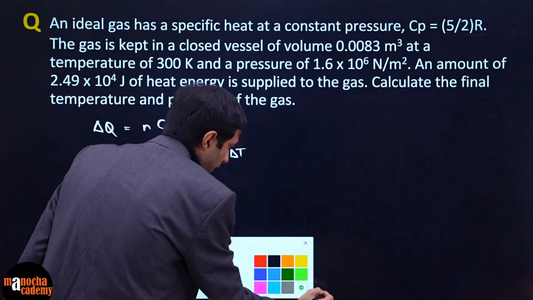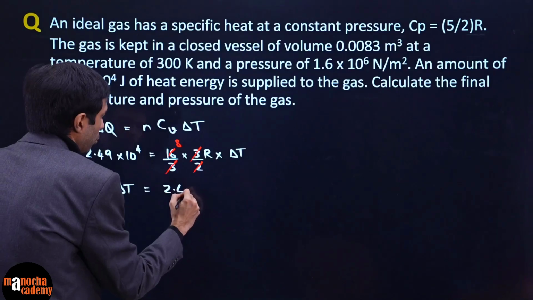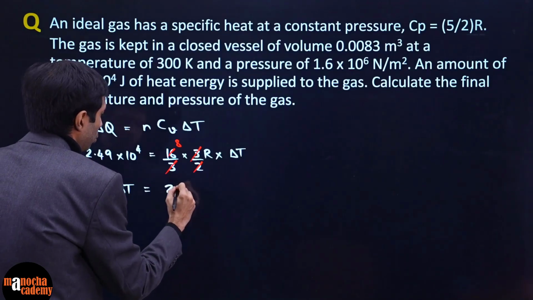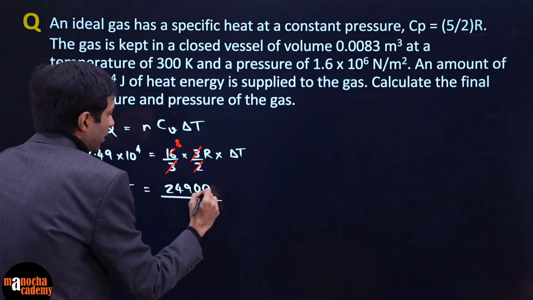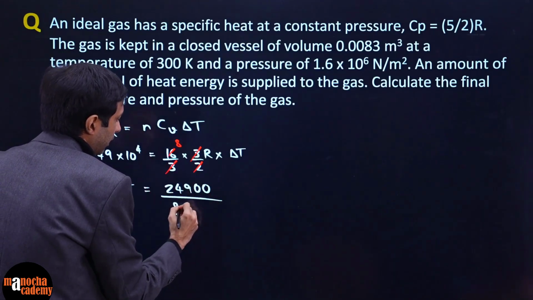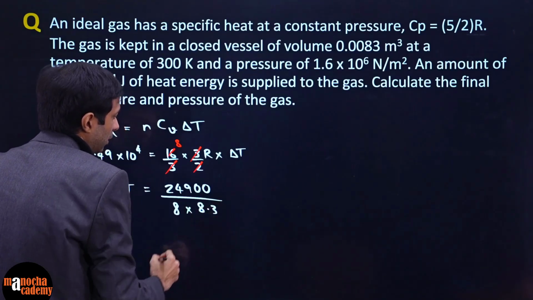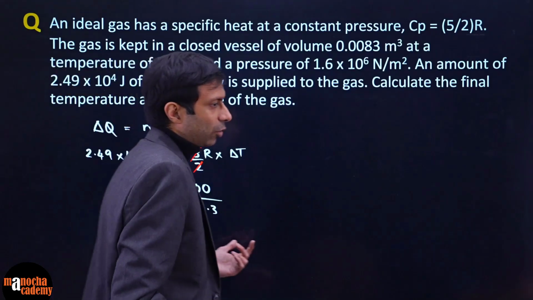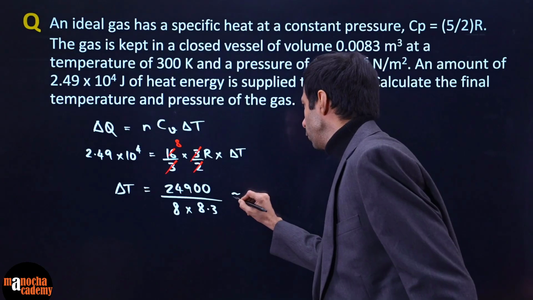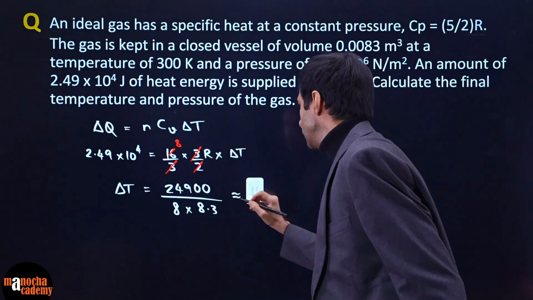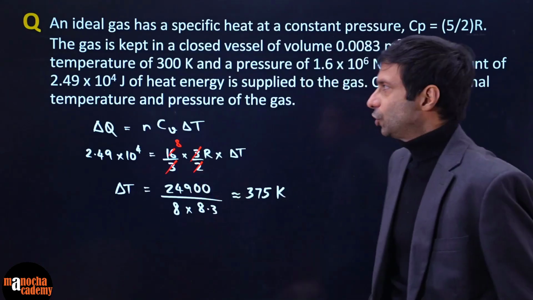So basically, we are getting that the delta T is 24900 divided by 8 times 8.31 or 8.3. So this is the change in temperature. Calculate it for me. Approximately, this is turning out to be 374 point something, which is basically 375 Kelvin. That is my delta T, the change in temperature.